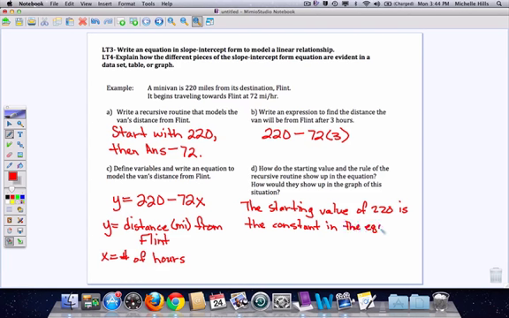And on the graph, it's the y-intercept. So I have to say where it's coming in both places.